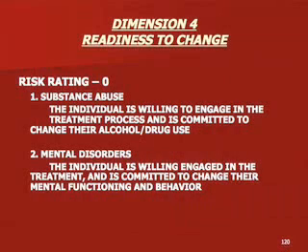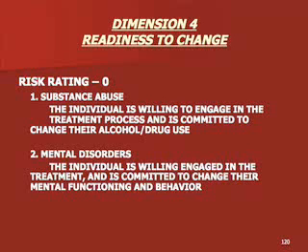Then let's take a look at dimension 4, which is readiness to change, and our stages of change. And we're going to look at, now, let us assume that we had a risk rating of 2 or above. We're going to begin to look at both the substance abuse component and the mental health component.